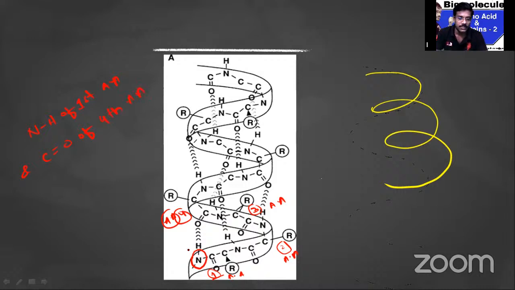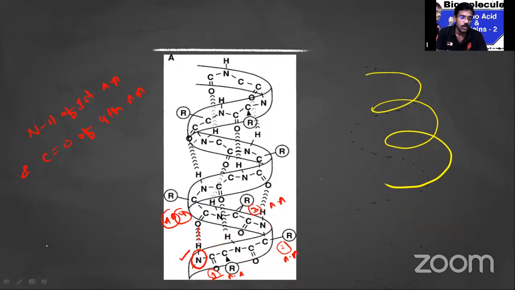Suppose this is the first amino acid, this is the second, this is the third, and this is the fourth. The hydrogen bond forms between the NH of the first amino acid and the C=O of the fourth amino acid.